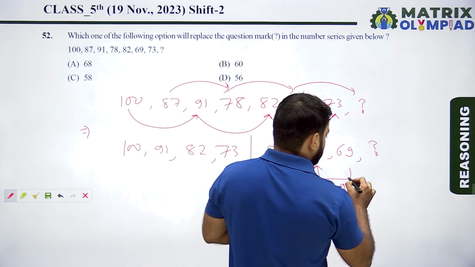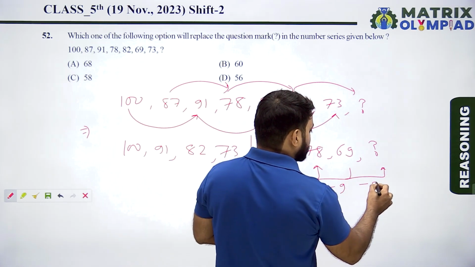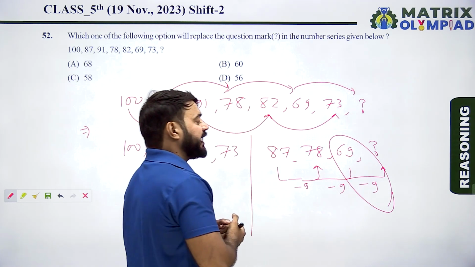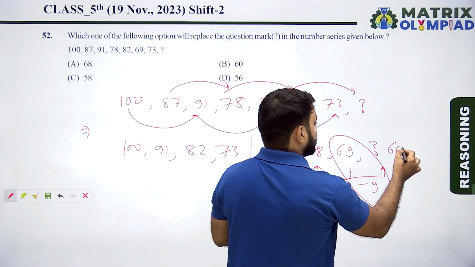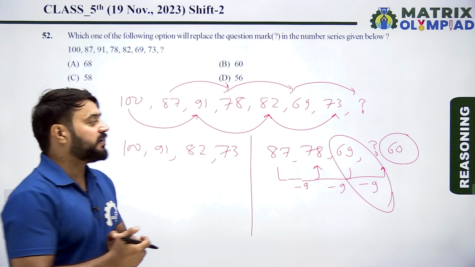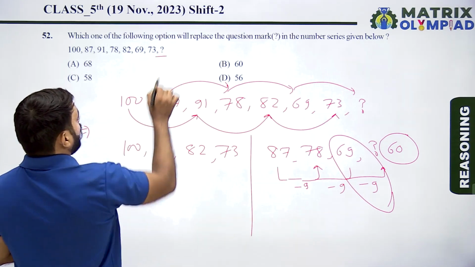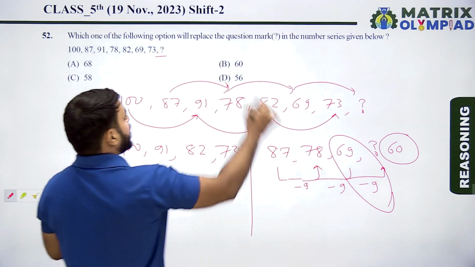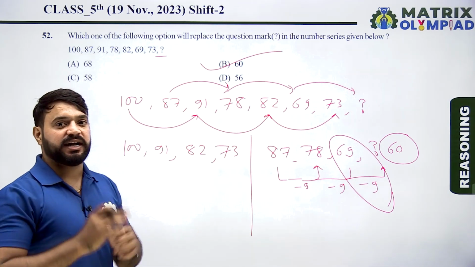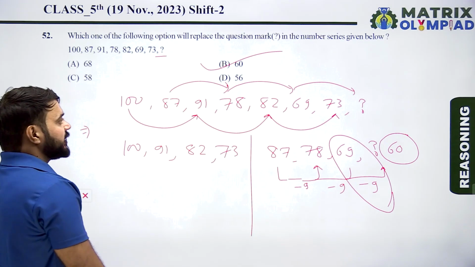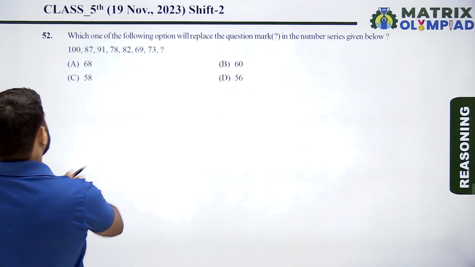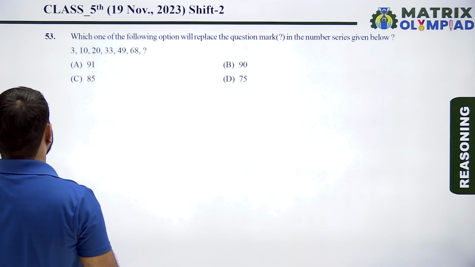Similarly, 69 minus 9 means 60. So here missing number is 60. So 60 is the missing number of the given number series. So here option B is the correct answer of this question. So let's move on to the next question. Next question is question number 53.